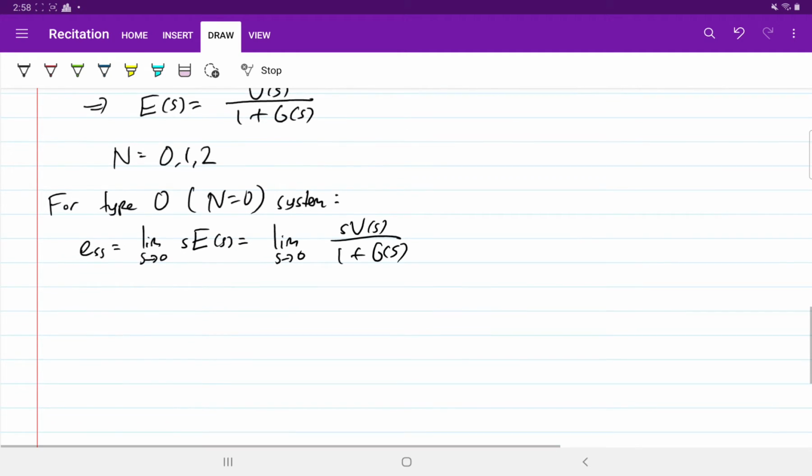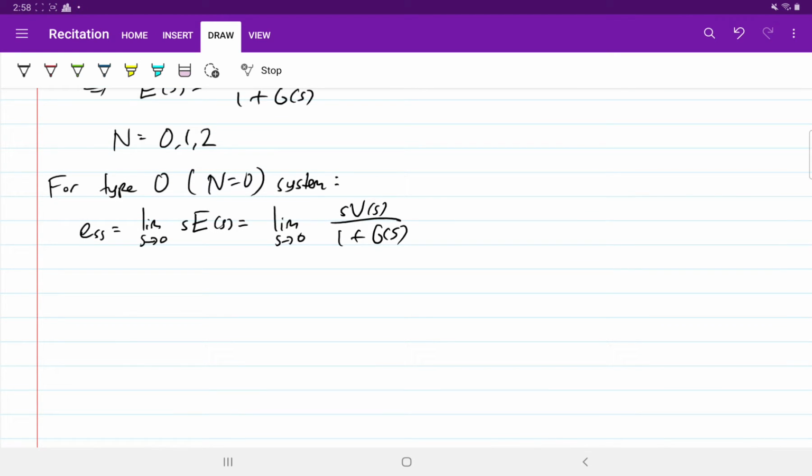Alright, for the first kind of input we have step input. Then the steady state error is limit s to 0, and u of s is step, so step is 1 over s, 1 plus g of s.